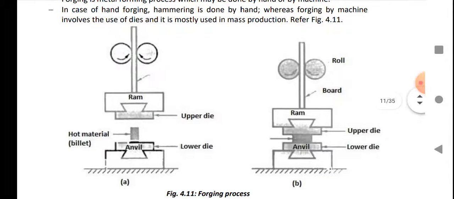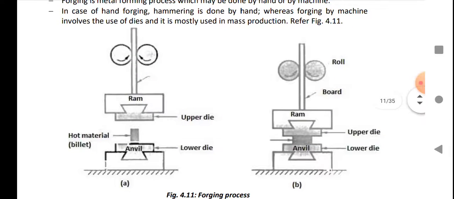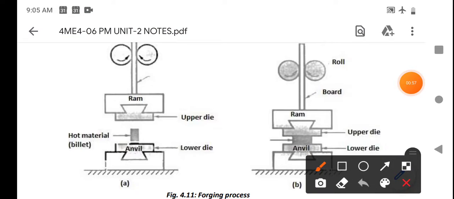As you see in the figures, this is the machine which is used in the forging process. As seen in figure A, there is a roller motion, an up and down motion, which is connected with a ram, and the ram is connected with the upper die.